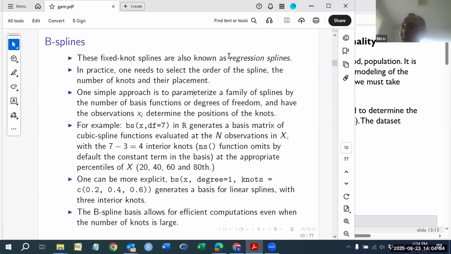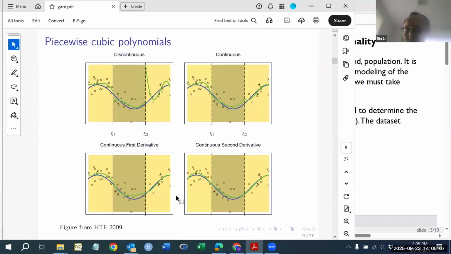But there's some criticism, okay? The criticism is that if we use that, we need to choose the order of the splines, the number of knots, and their placement. So you may ask, why do we need 2 knots? Why not 3 knots? Why not 4 knots? And why do we use a cubic polynomial?